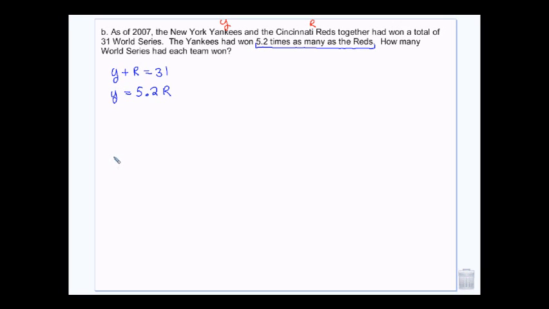Any question on that part? Okay. This is already in the form of y equals, so I'm going to take this 5.2r and replace y. So I get 5.2r plus r equals 31. .2 plus an invisible 1 gives me 6.2.